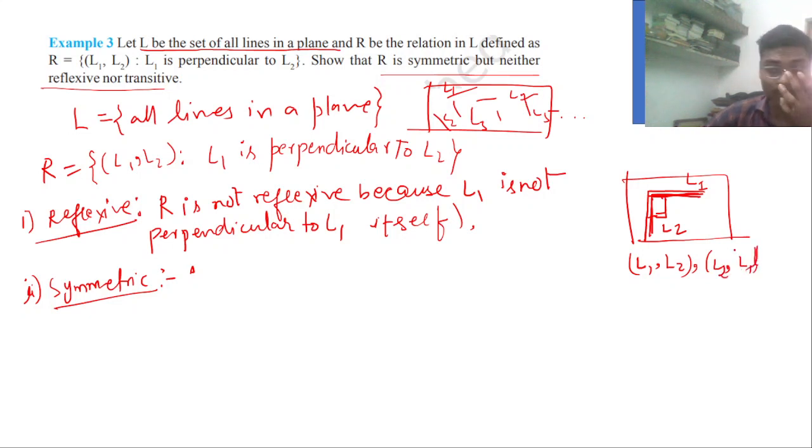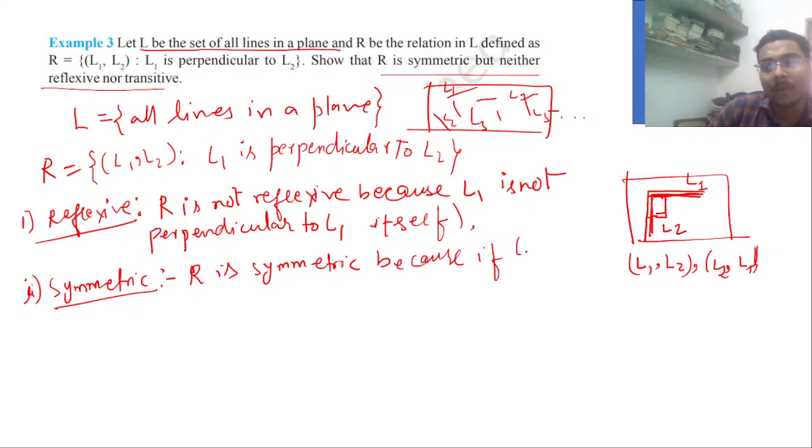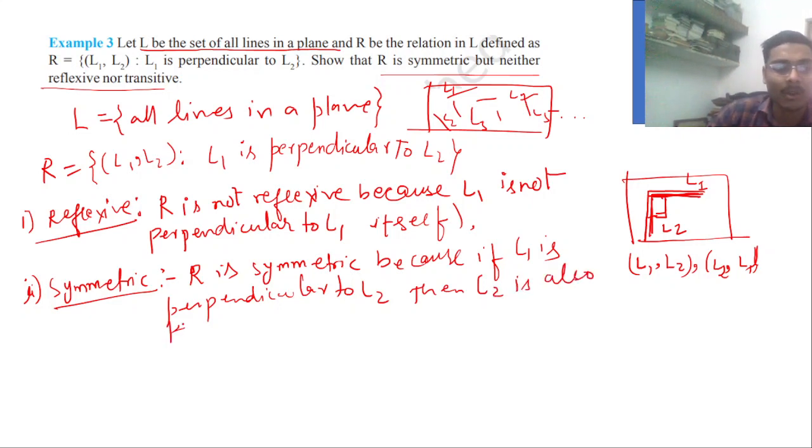So R is symmetric because if L1 is perpendicular to L2, then L2 is also perpendicular to L1.